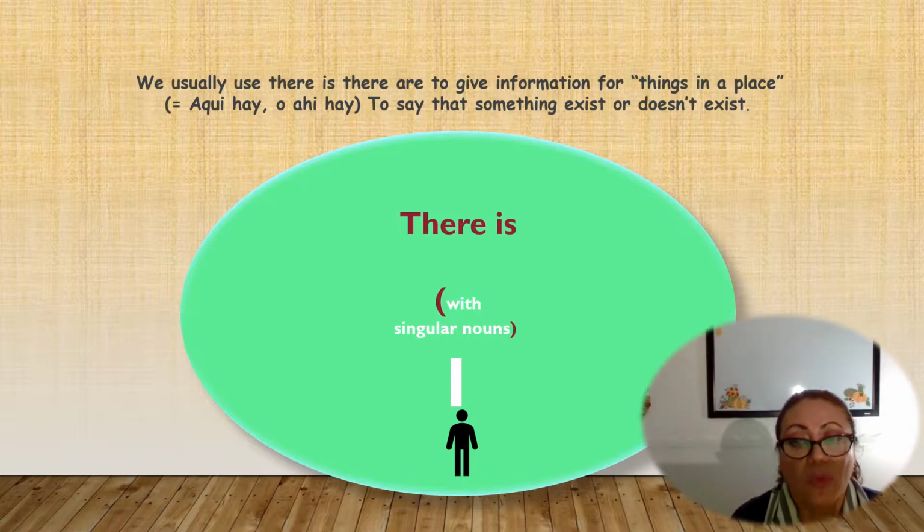Okay, so we use there is para decir aquí hay, aquí hay. There is, only with singular nouns. Solo para decir que aquí hay una sola cosa. Cosas que yo puedo contar. Things that I can count and they are singular.